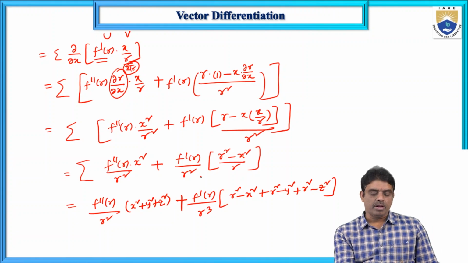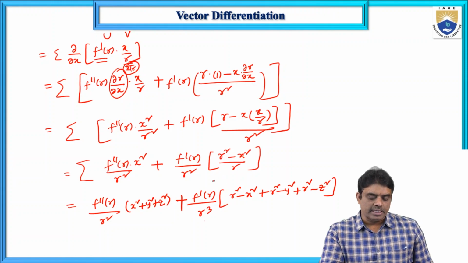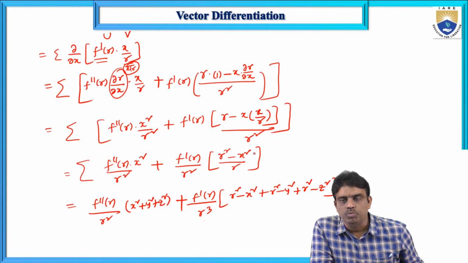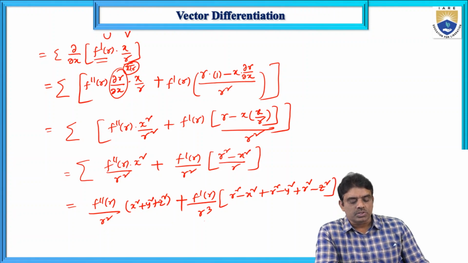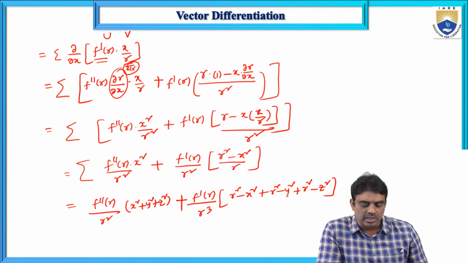Clear? f dash of r by r square, this is already r there, so f dash of r by r cube. So expanding the term, r square minus x square, for both y and z also: r square minus x square plus r square minus y square plus r square minus z square.